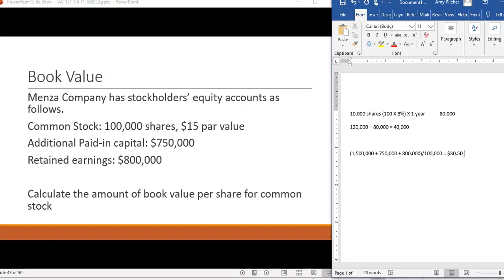If that stock changes hands on a market sale, for example, we have this stock, which has a $15 par value, and they sold 100,000 shares. If a stockholder that owns 5 shares sells that stock to another stockholder at a market value of $30 per share, the original stockholder receives that $30 per share.